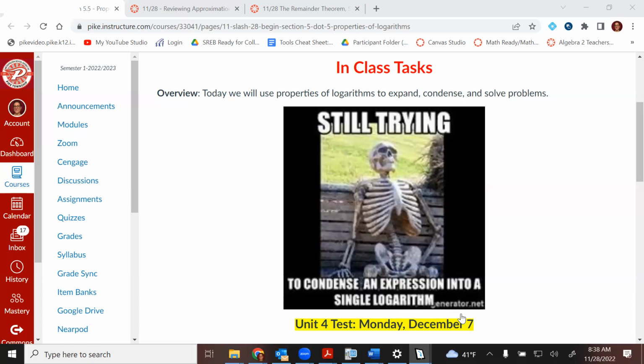Go ahead and write this one out. Common log of what? Common log of 9. Plus 5 common log b. Plus common log of x. Minus 2 common log of y.